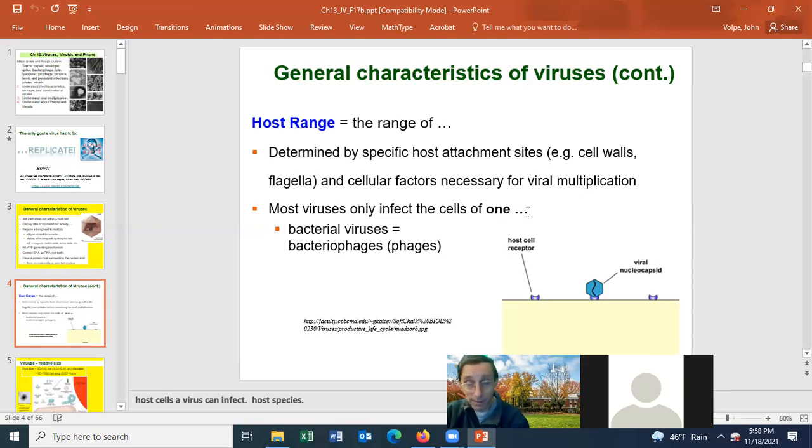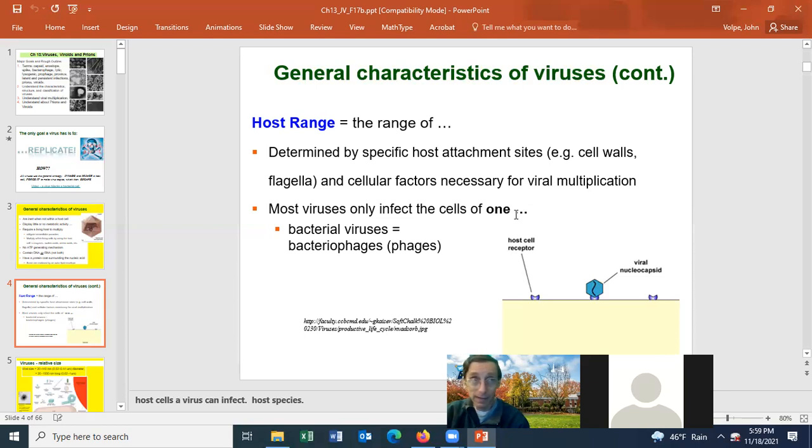HIV can infect one chimp. I don't know which one there is. There's two chimps. Pan troglodytes is one. The second one, I don't remember, pan something or other. It can infect one chimp, but it doesn't cause AIDS in the chimp, meaning it doesn't impair the immune system of the chimp.